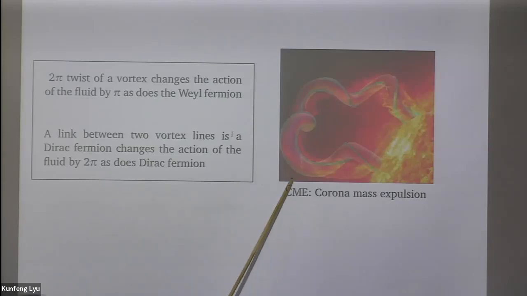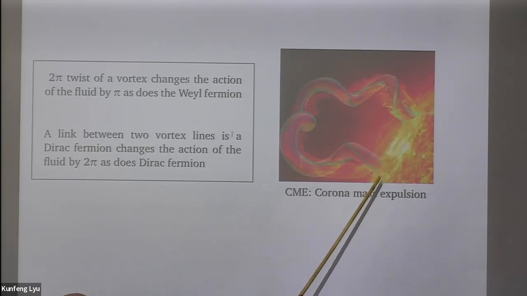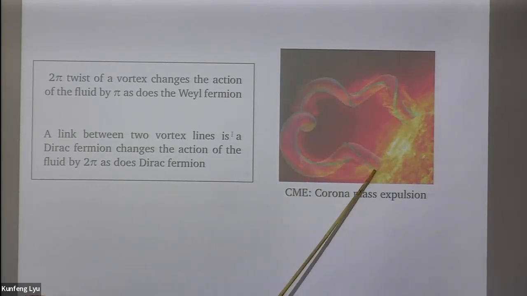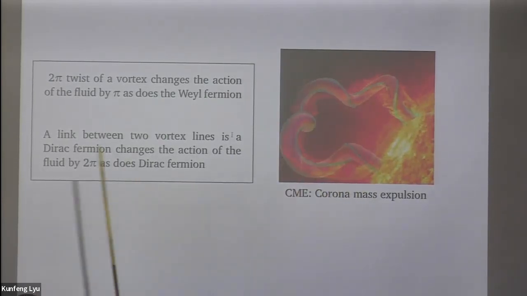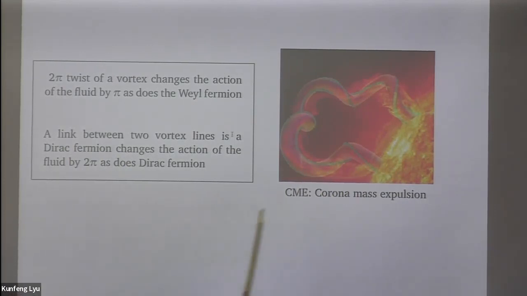And what is drawn here is the so-called coronal mass ejection, CME. Sometimes an extreme flux of matter goes out and comes back because there is no boundary to matter. And it twists. Every twist is half a fermion.